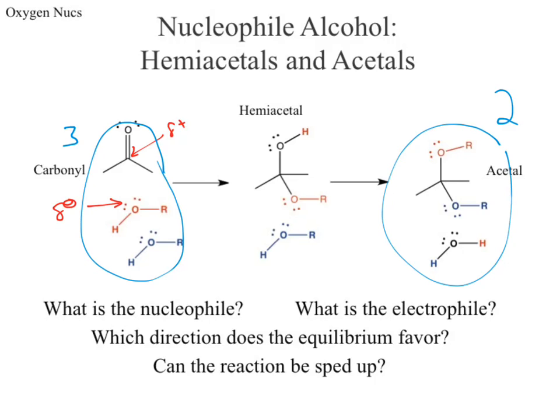Entropy favors the side with more species, which is the reactant side. More disorder. Entropy is always going towards more disorder. So if we look at this reaction, it's not a particularly favored reaction to occur.